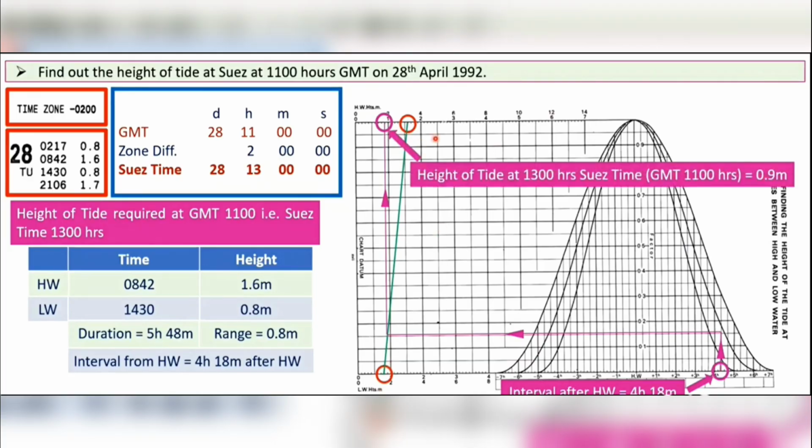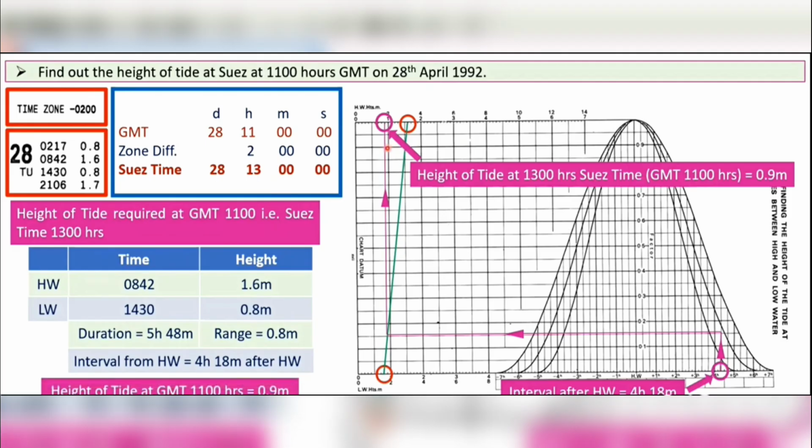And when we read from here, we find that the height of tide at 1300 hours Suez time, which is the same as GMT 1100 hours, is 0.9 meters. Therefore, height of tide at GMT 1100 hours on 28th April is 0.9 meters.